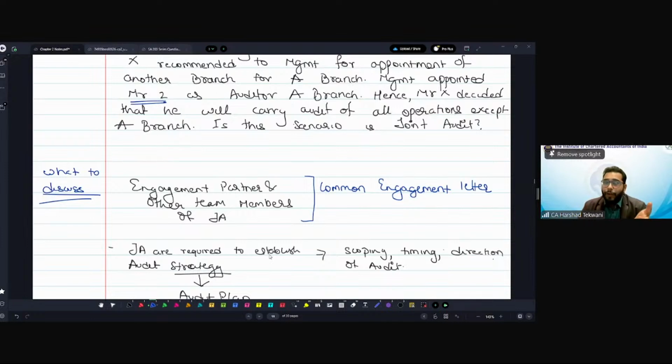Or even how many joint auditors there are, if different engagement letters are given to each? Unless management comes and tells you, okay, we have issued this engagement letter to this auditor. But again, that is problematic because you cannot compare the terms. That's why a common engagement letter should be there.